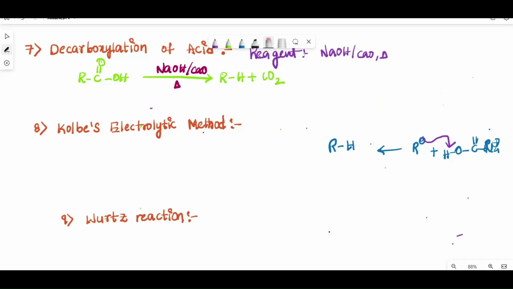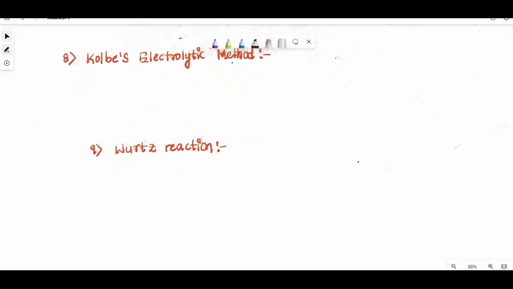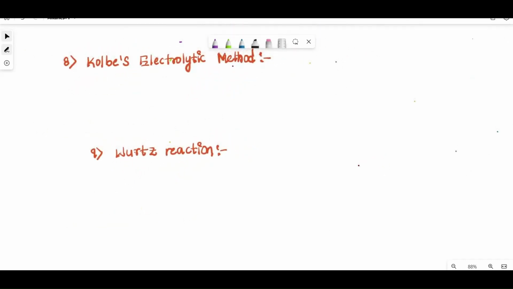Let's see another method for preparation of alkanes, that is the Kolbe electrolytic method. Let's see an example.